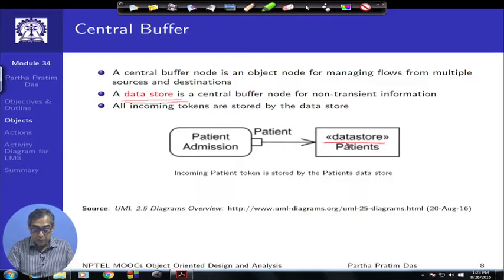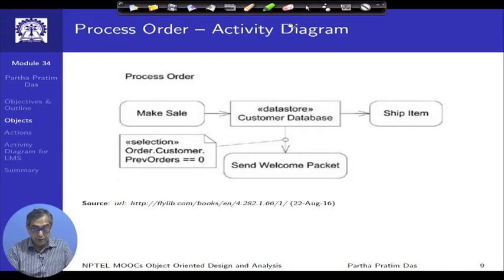So we are saying that the patient admission activity ends, the token is generated, it is an outbound patient object, and that is delivered to this object data store. Here you do not have another activity following it. This is an object which just works as a repository. So objects could be used for such purposes as well.